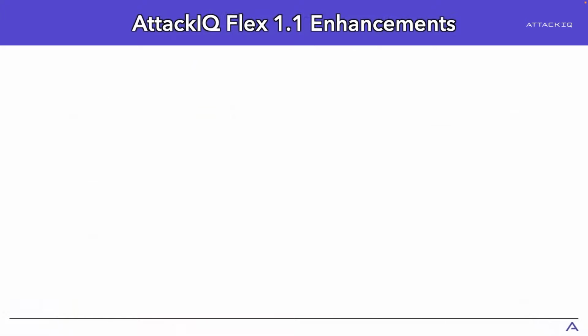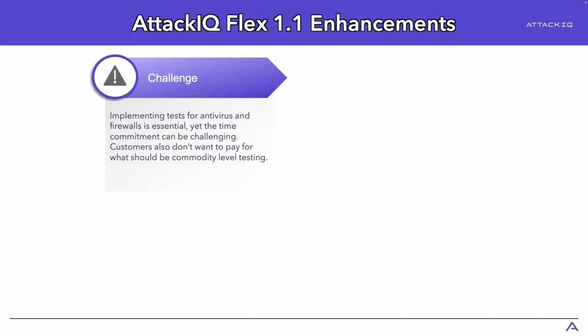In Flex 1.1, we've added a number of interesting enhancements. So since the initial launch of Flex, we have added these enhancements to provide customers with an even easier path to testing, along with some more advanced capabilities. Two of the challenges to security testing that we mentioned earlier were price and turnaround time.